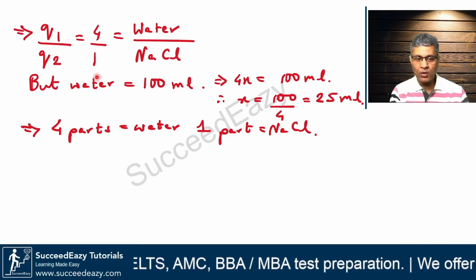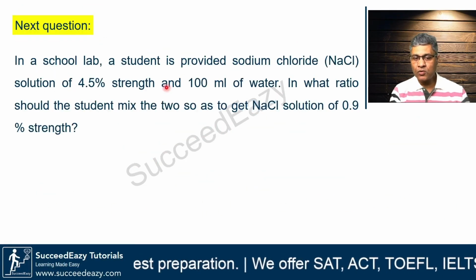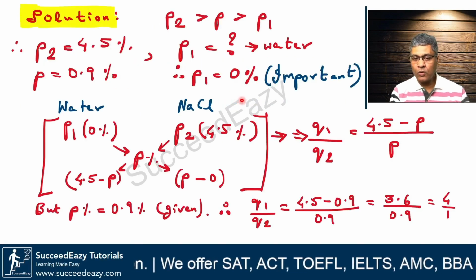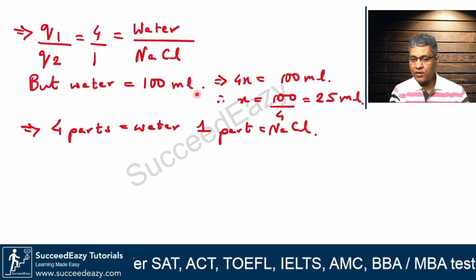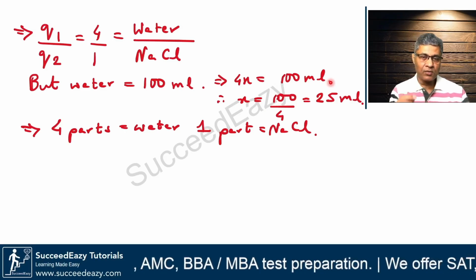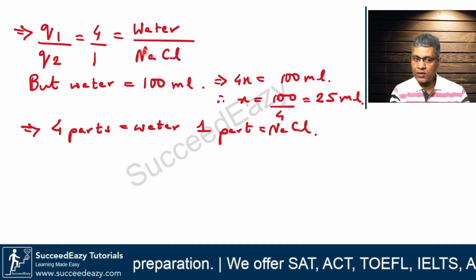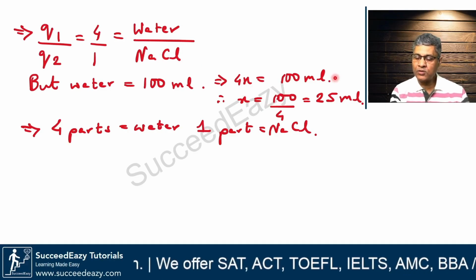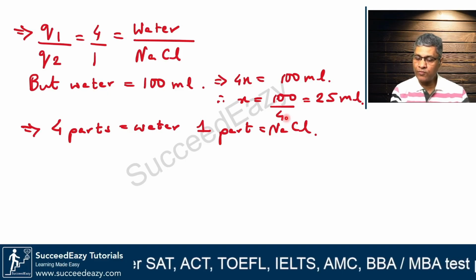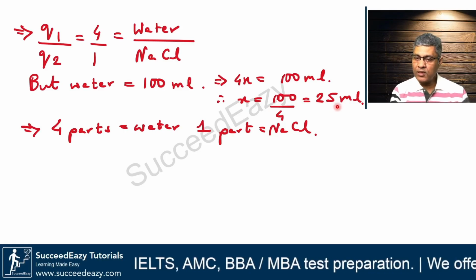That's the ratio. But water is given as 100 ml. Look at the question. You mix with 100 ml of water. So water is given as 100 ml. That means let's take 4x equals 100 just to understand what that 1 part is. So 4 parts are water, meaning 4x equals 100. So x will be equal to 100 over 4. That is 25 ml. So 1 part of water is 25 ml.